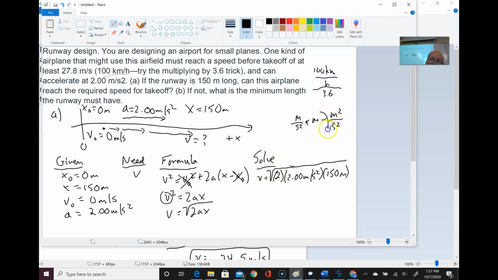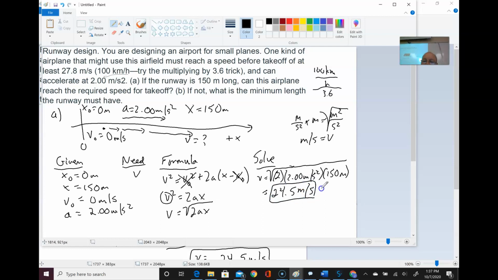So if I take the square root of that, I'm going to get meters per second, which is what I want. I want the velocity. So I know that my units work out, and that helps me to know that I'm on the right path. And if I do this, my final velocity is going to be 24.5 meters per second.